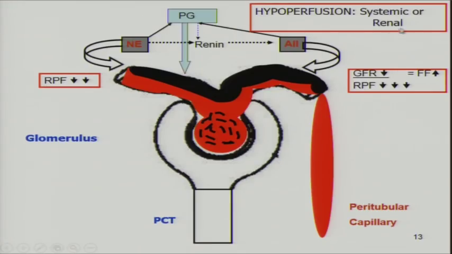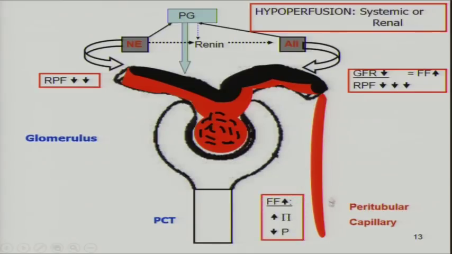When this system gets activated and you have this hypoperfusion and stimulation of the so-called neurohumoral system resulting in constriction here, you get a decrease in the hydrostatic pressure in the peritubular capillary. At the same time, this constriction results in an increased filtration fraction, such that you have more protein-free fluid being squeezed off, so your albumin concentration goes up in your peritubular capillary.